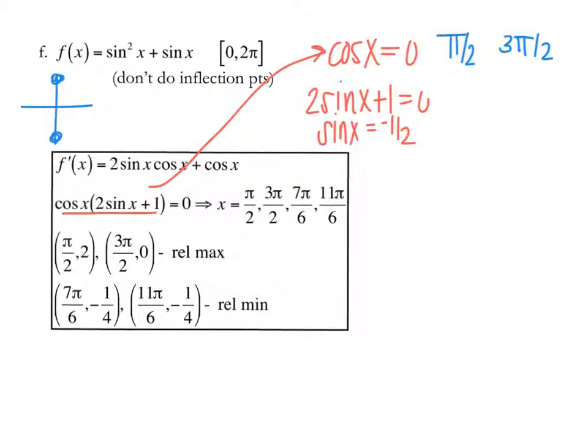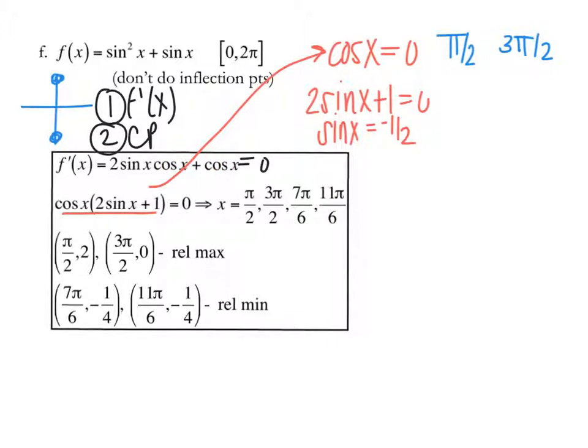When we are looking for extrema, the first thing we want to do, after we take the derivative, which we just did, is find our critical points, which, to tell you again, are where the derivative is equal to 0 or undefined. So we take the derivative and set it equal to 0. When you do that, it looks complicated.